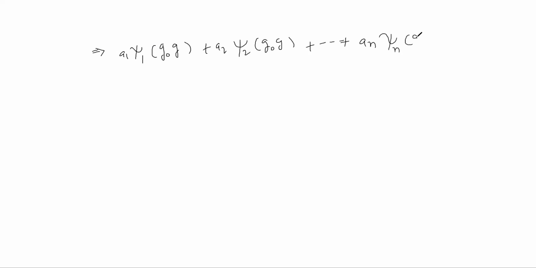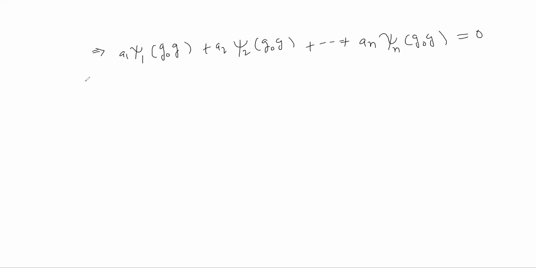This means A1 chi1 of g naught g plus A2 chi2 of g naught g plus so on plus AM chi m of g naught g is 0.